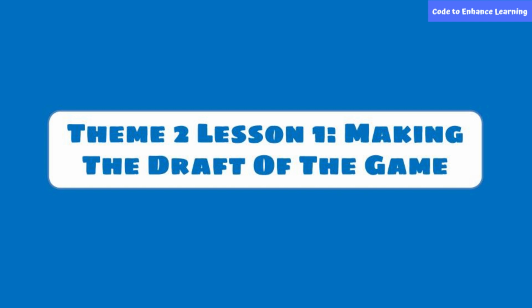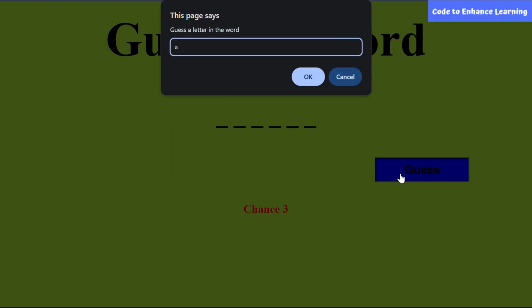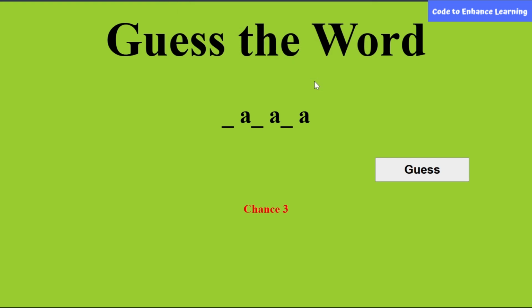In this Theme 2 Lesson 1, we will make the draft of the game, Guess the Word. I will show you how the game looks. Now, guess the letter A. Wow, that's correct.